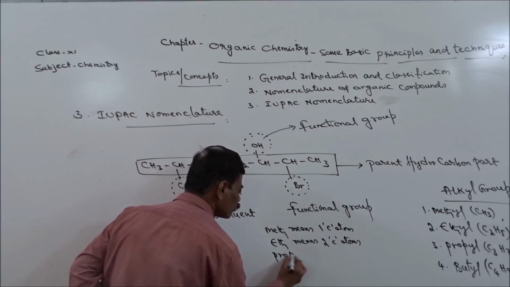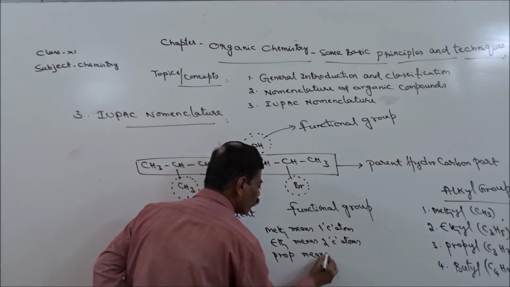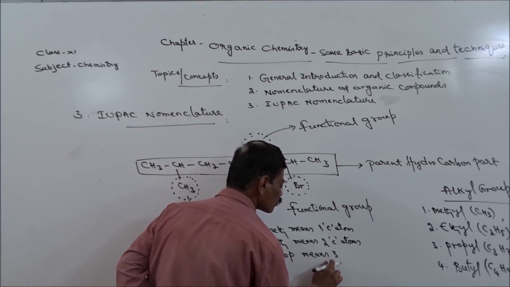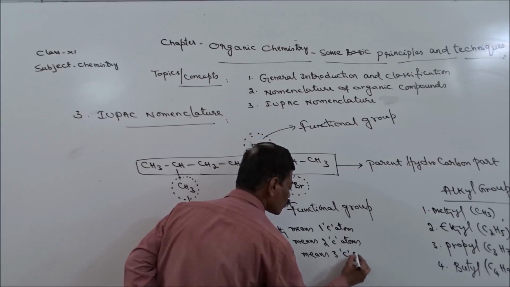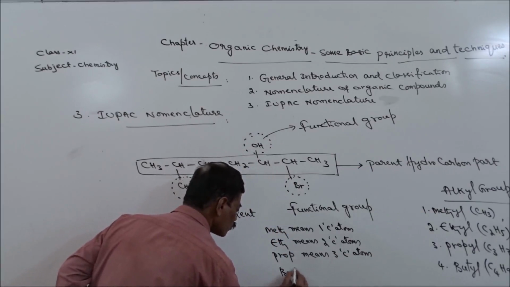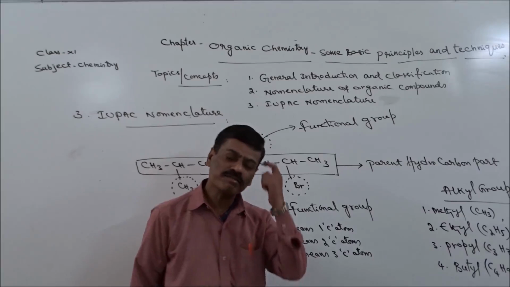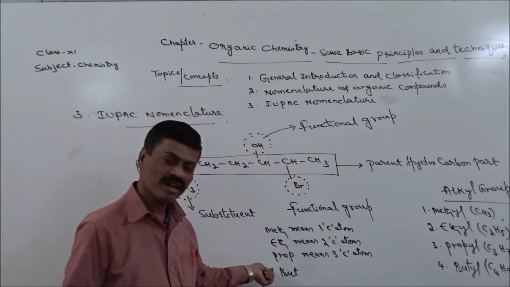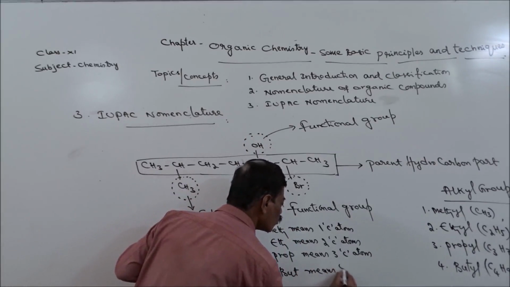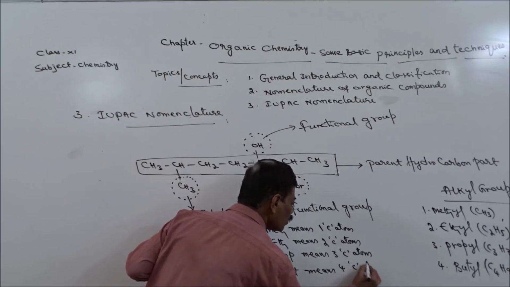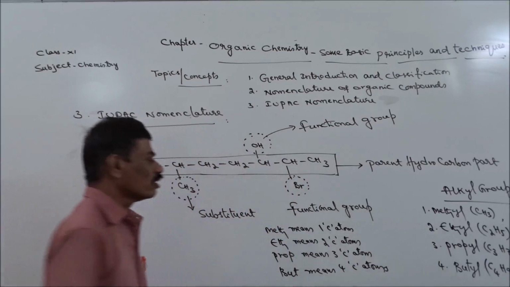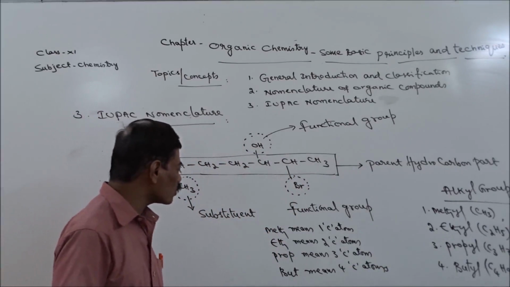Prop means three carbon atoms. Like that. But, we should not read this as 'but' as in the English word; in chemistry, this should be read as 'byoot'. So but means four carbon atoms. Right? So this is what you need to remember.